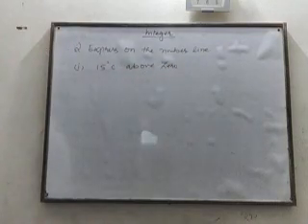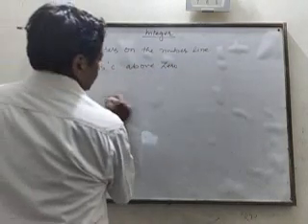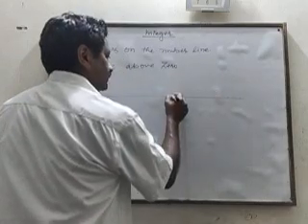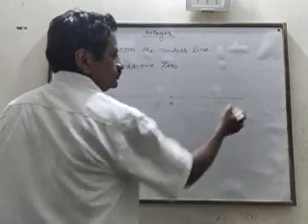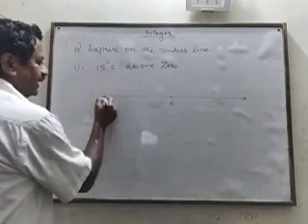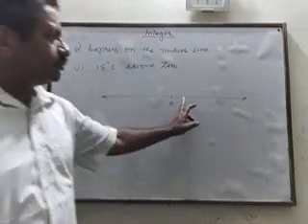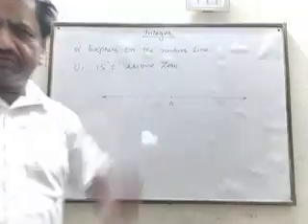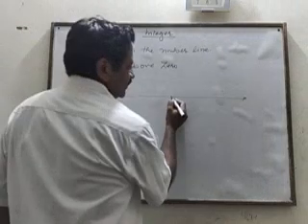So how will we express it on the number line? We will make the number line. Here it is 0. It is not necessary that you have to take 1, 2, 3, 4, 5, 6 all the time. You can start with 0.